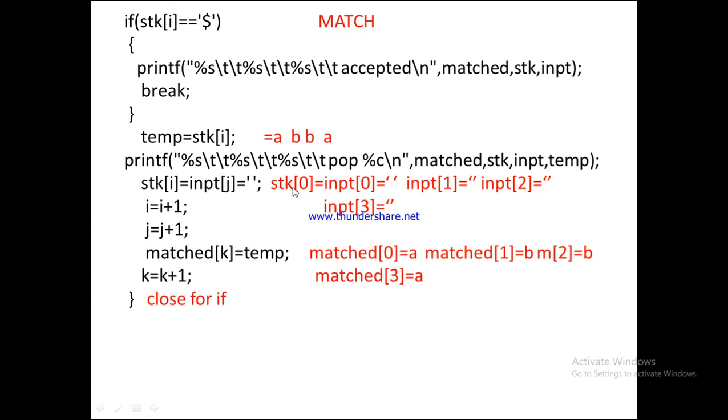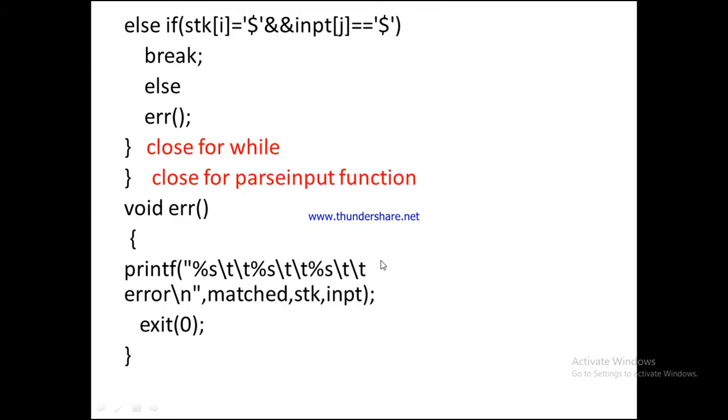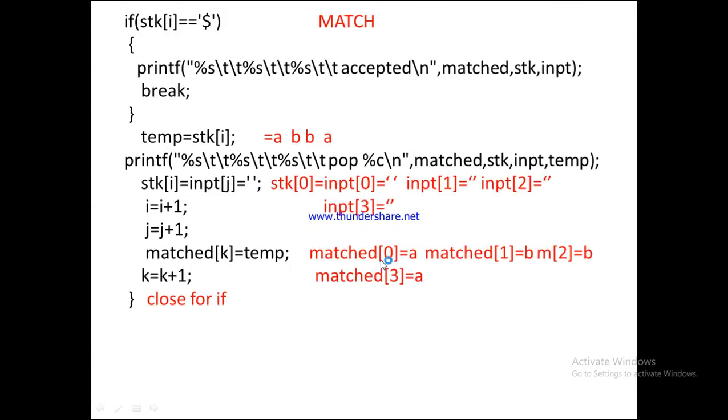Anyhow stack was 0 only, so again I am making it null, and input of 1 I am making null. Increment: i will become 1 and j will become 1. I is 1 and j is 1, and now matched is AB. AB is matched now. K will be incremented to 2 now.